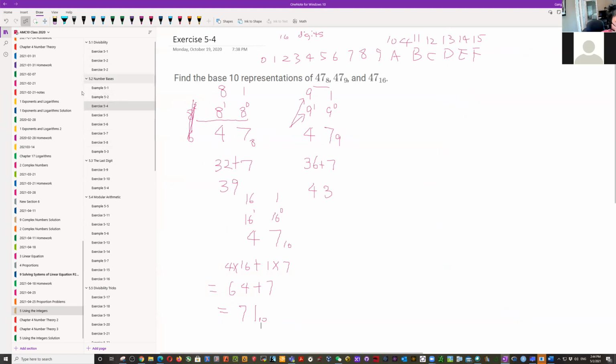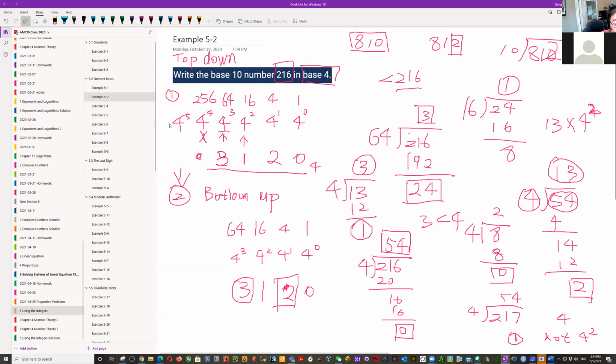Again, there are two methods, top down and bottom up. Bottom up is a little bit easier. You just divide by the number base and put the remainder one by one until the divisor is less than the base itself. Then the last is the divisor.